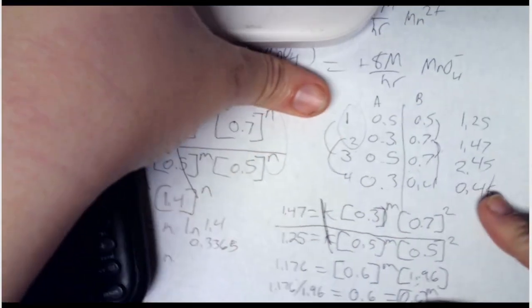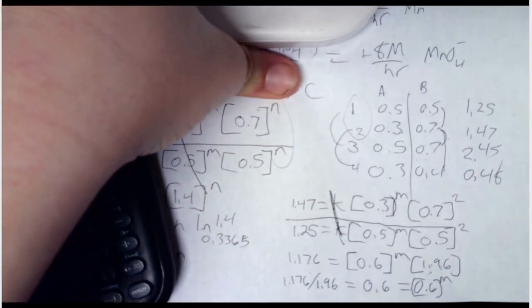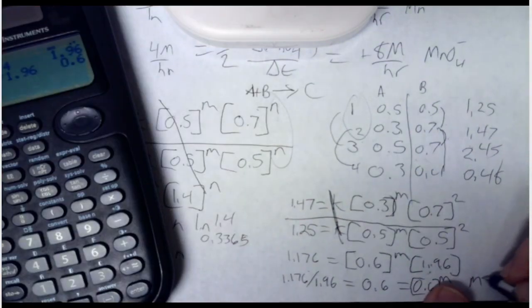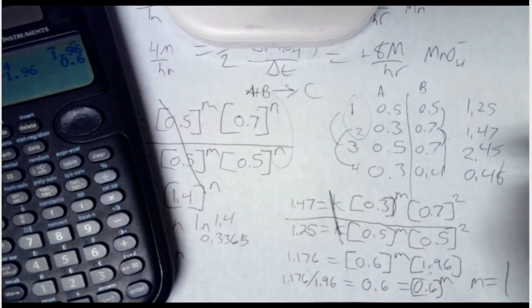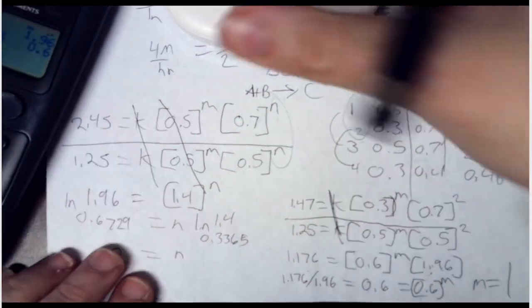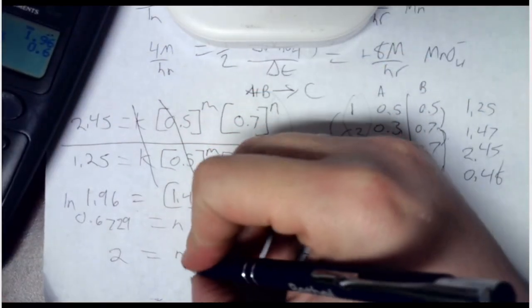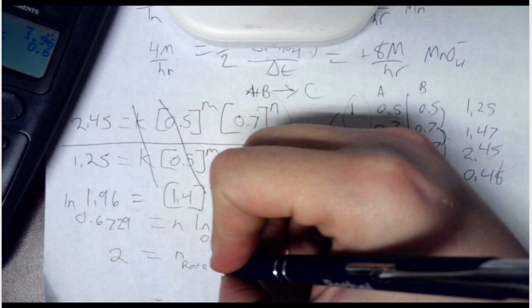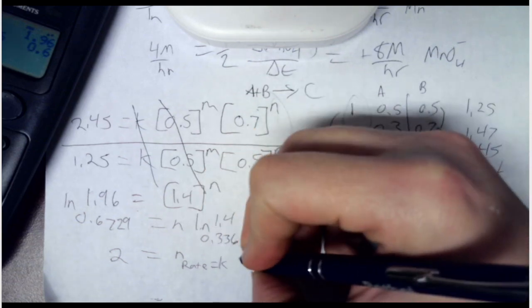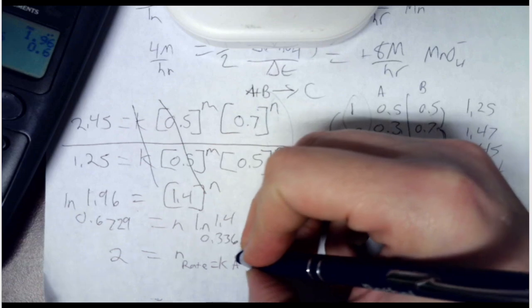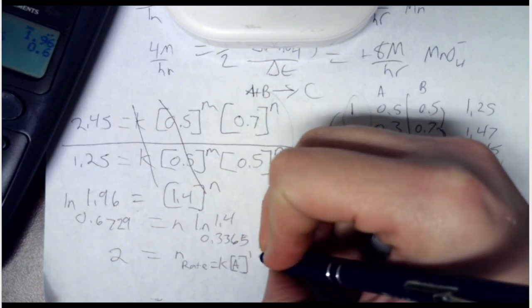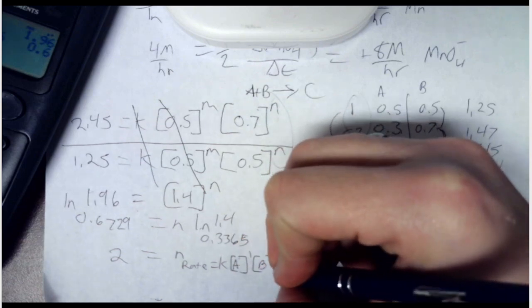With that in mind, there's a direct relationship of 0.6 and 0.6. So m is equal to 1. I'm kind of running out of room, my own doing. So we have a generic rate law that rate equals K, A to the first, B to the second.